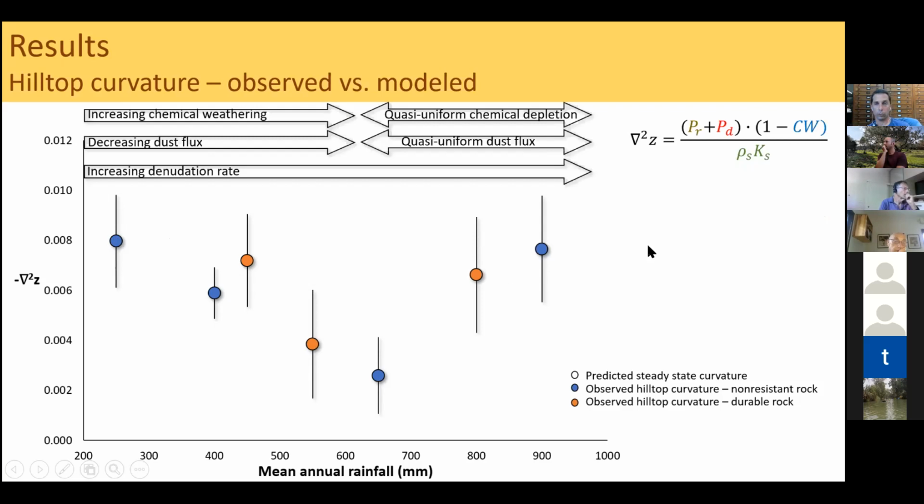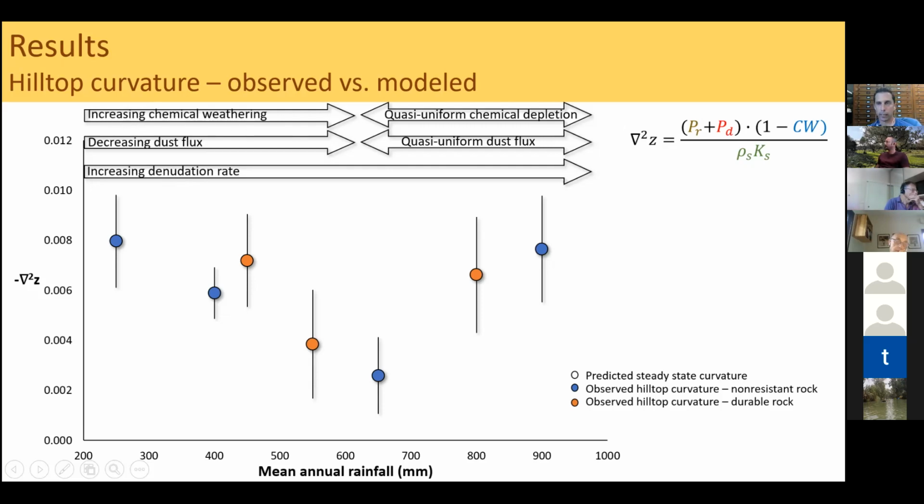And so if we look at our modified expression for the curvature, it works nicely with our results, because if we go from south to north, we know that in the beginning we have a strong increase in chemical weathering.